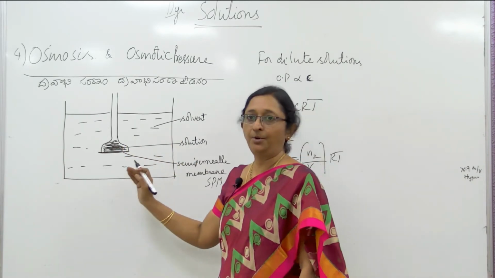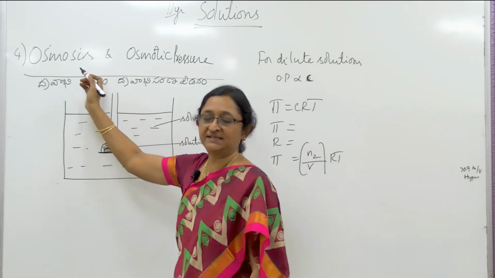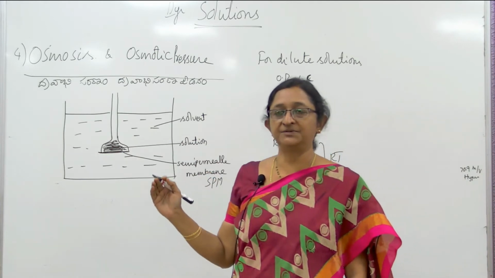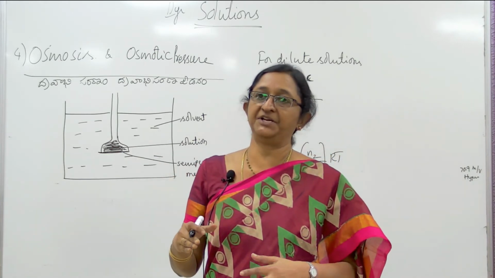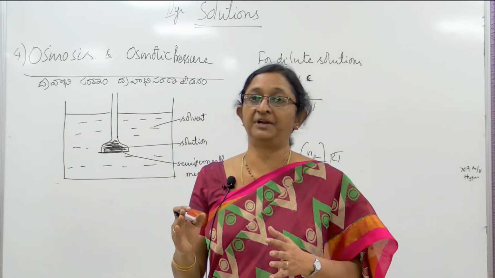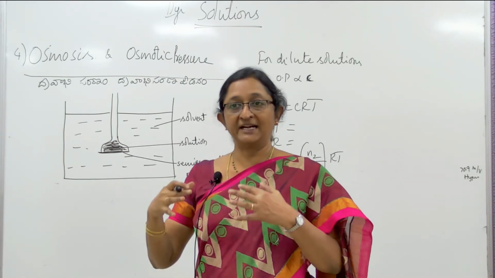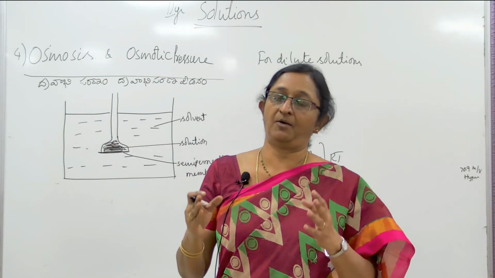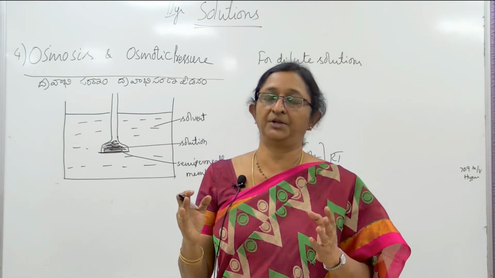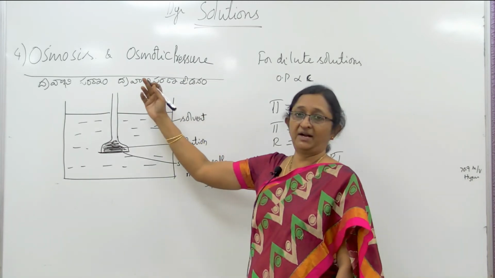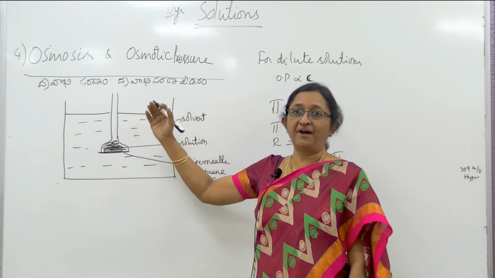How long will the solvent molecules be moving into the solution? It is only up to a certain period, where it reaches equilibrium. So this passage of the solvent molecules into the solution through the semi-permeable membrane is known as osmosis.